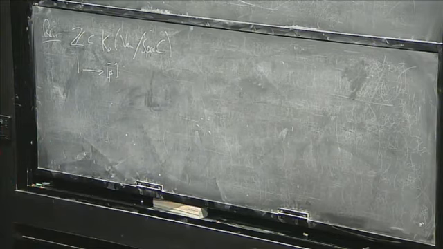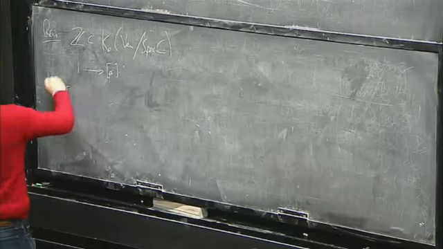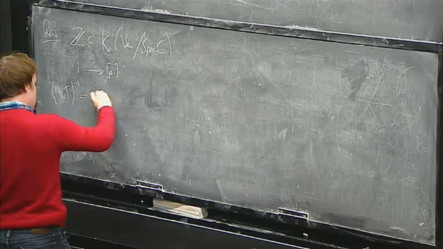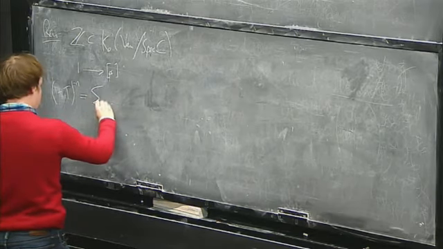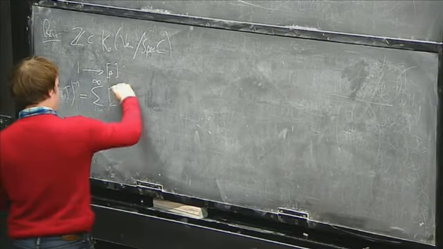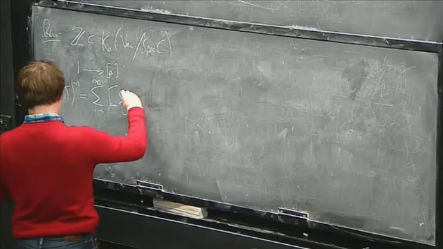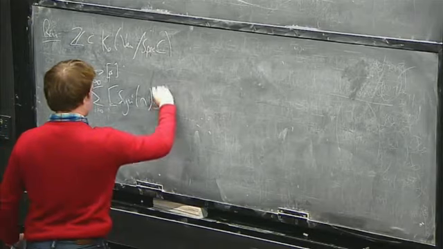And what's more, (1 - t)^(-n) is given by the sum as i goes from 0 to infinity of the class of the ith symmetric power of n points.